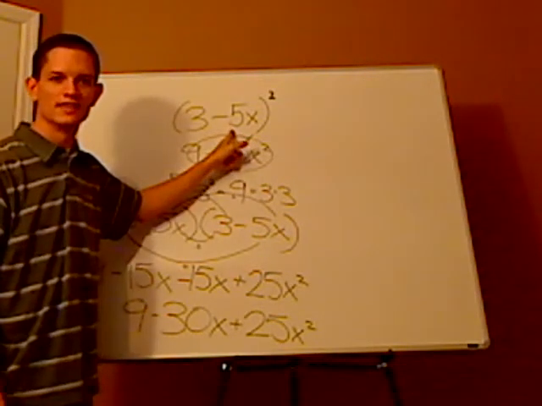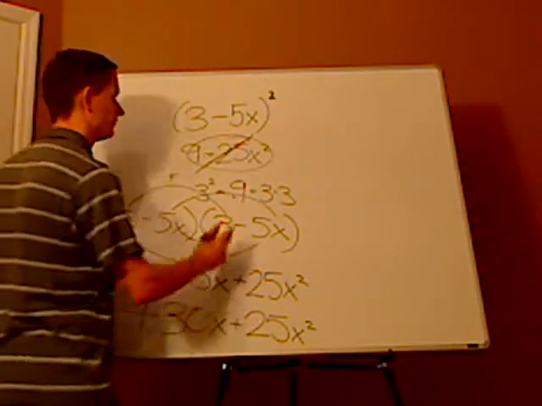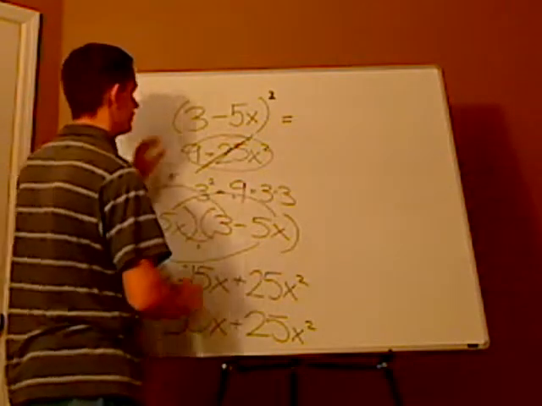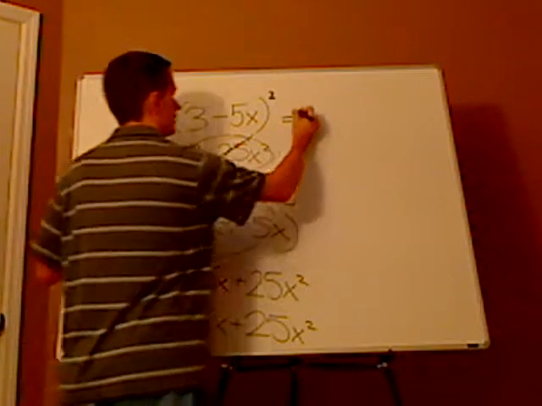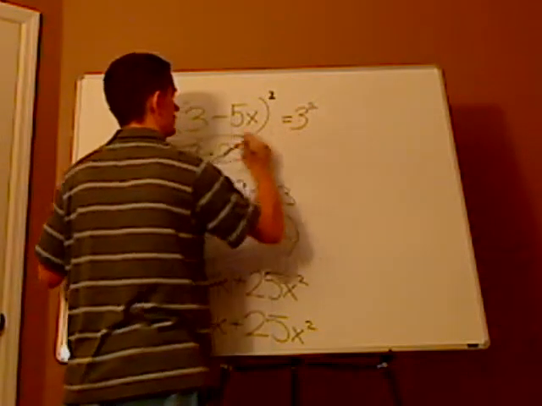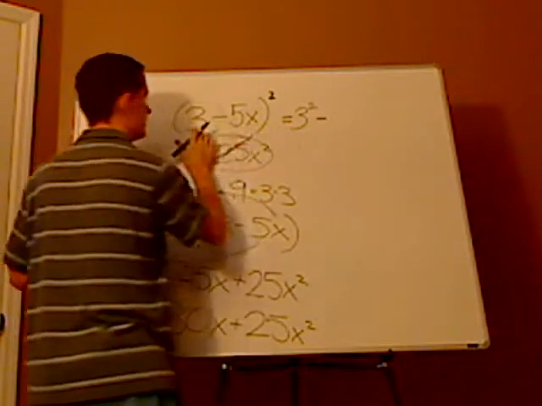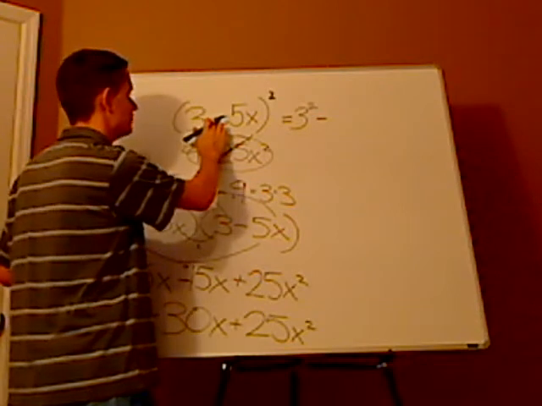Now the other way is much faster. If you notice that this is what's called a perfect square. A perfect square has a pattern, which is this squared, 3 squared. Now the middle, it's going to be this times this, and there's a minus sign here, so it's going to be minus.